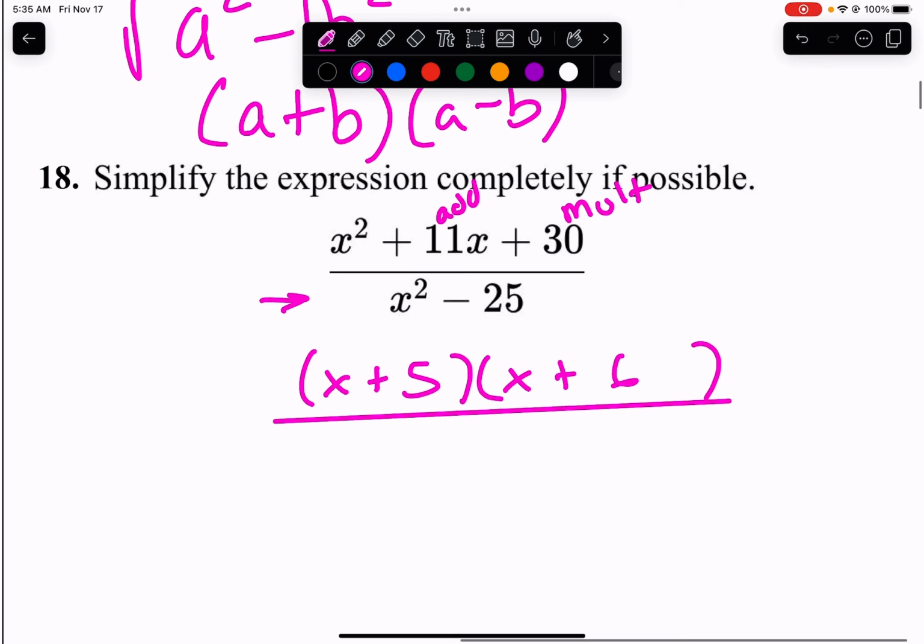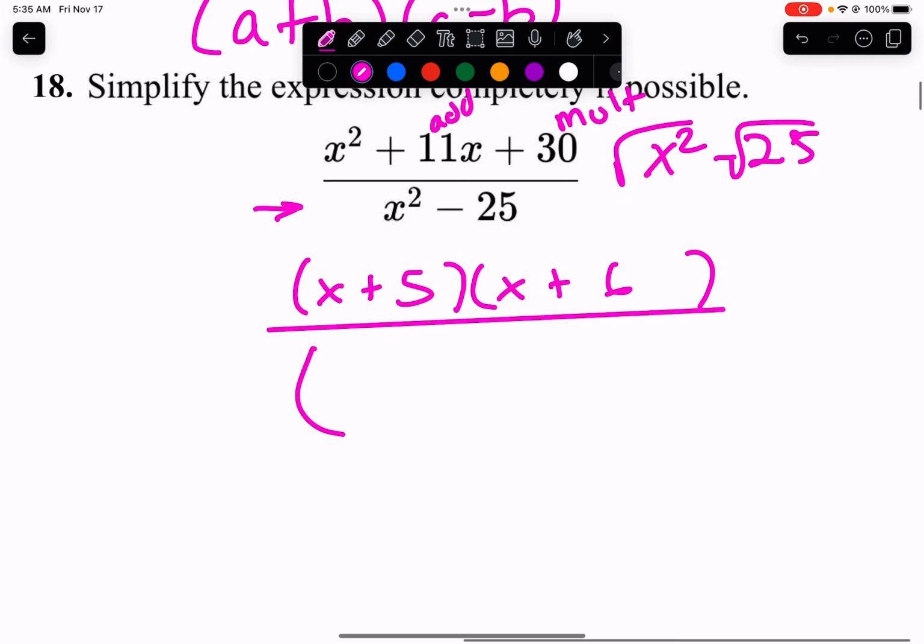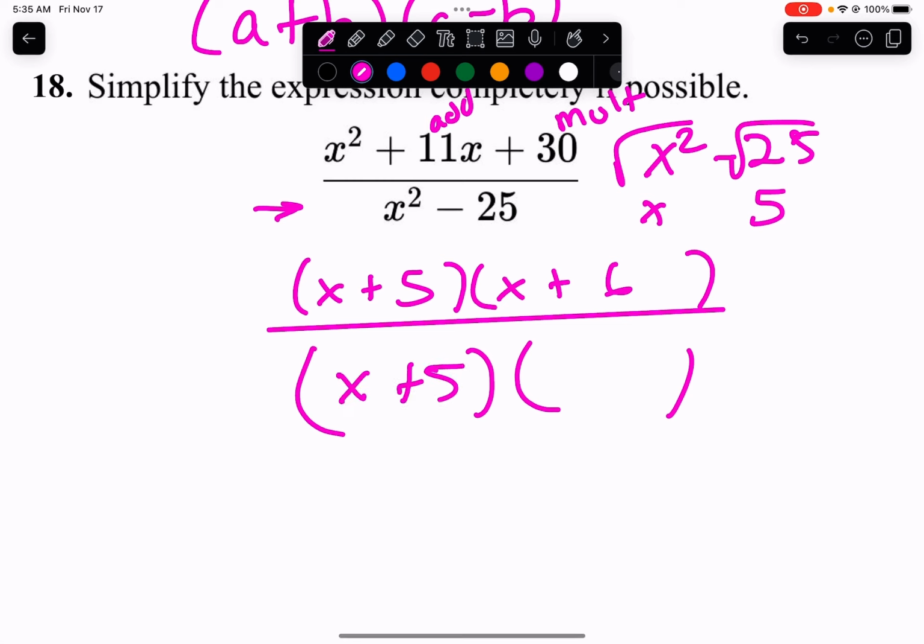So here, if we have x squared minus 25, we can square root x squared, and we can square root 25. So square root of x squared is x, square root of 25 is 5, and we end up with x plus 5 and x minus 5.